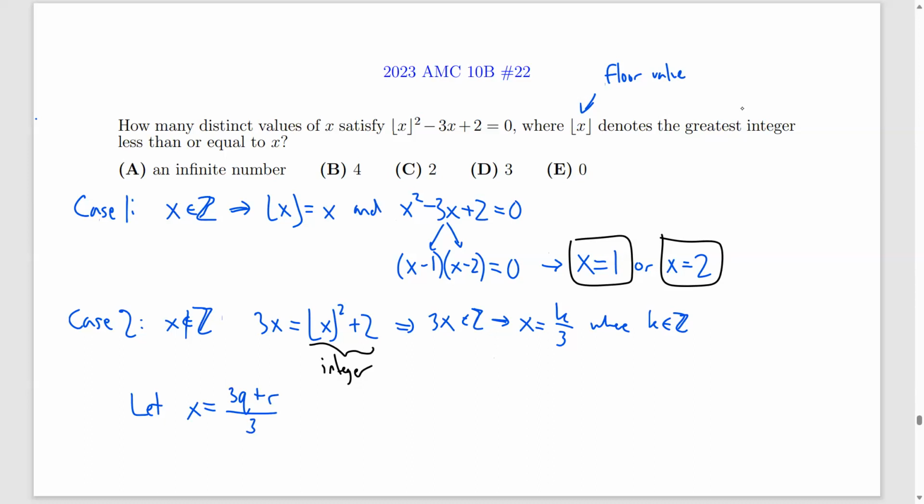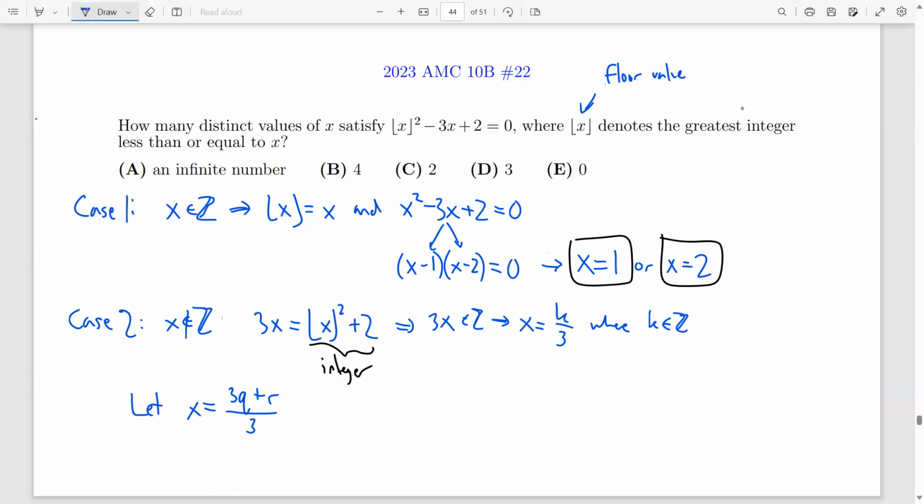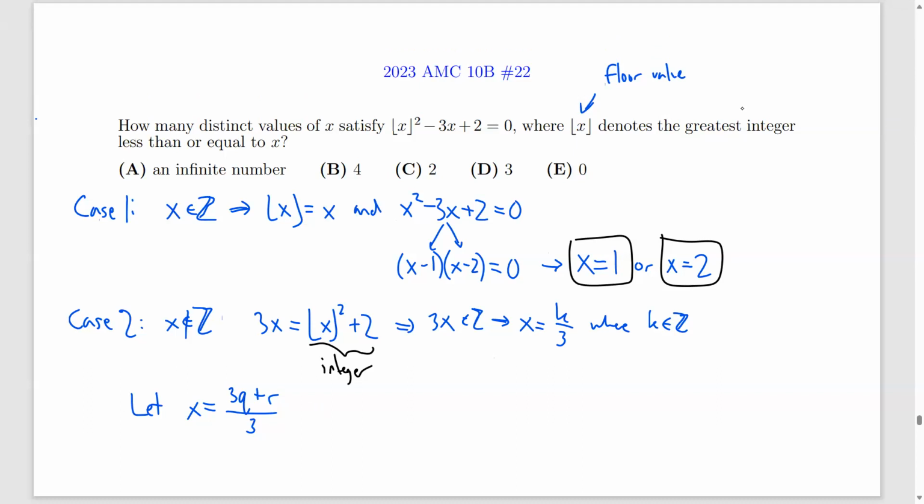And in doing so, we're going to get an expression only involving q and r with no fractions. Moreover, we can state that r is either 1 or 2. Think of r like the remainder when the numerator is divided by 3.